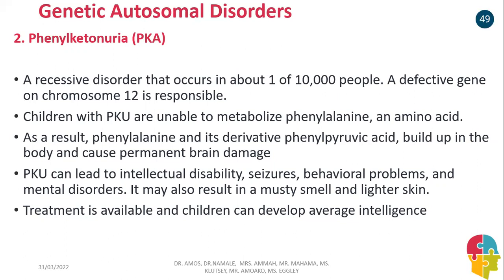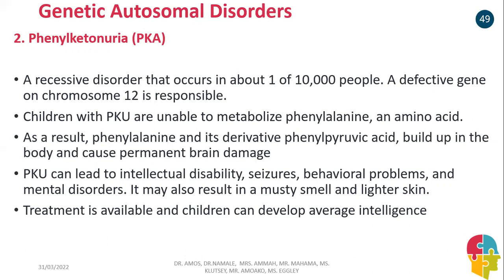Phenylalanine is an amino acid that the body is supposed to use, but in people with phenylketonuria, this is not used. The body is not able to break it down, and it builds up in the body and causes brain damage. So PKU can lead to intellectual disability, seizures, behavioral problems, mental disorders, etc.